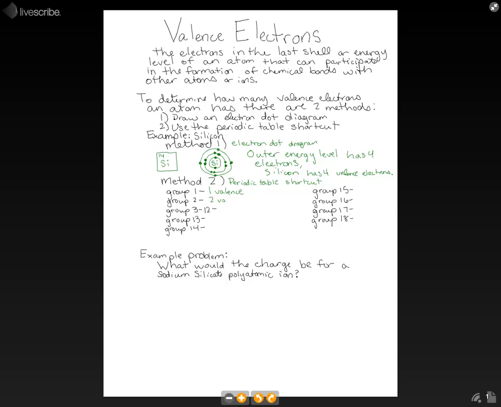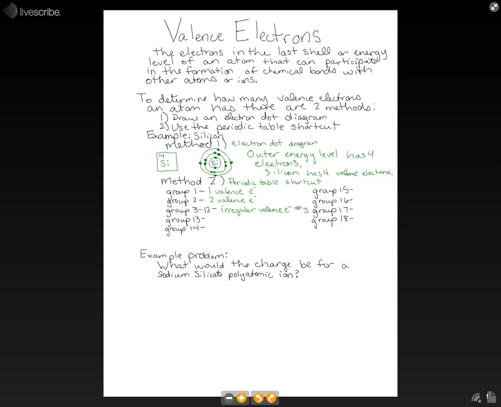Group 2 has 2 valence electrons. Groups 3 through 12 have irregular numbers. This is because they're the transition metals, so they can have different numbers depending on their configurations.